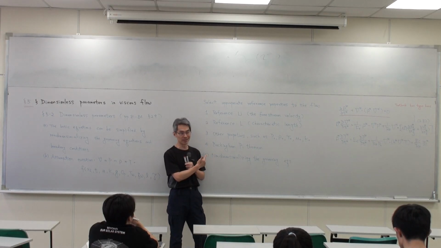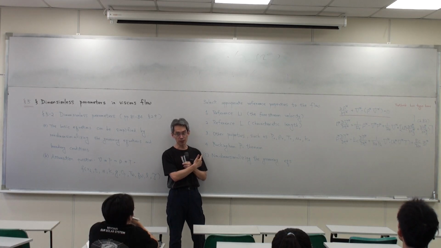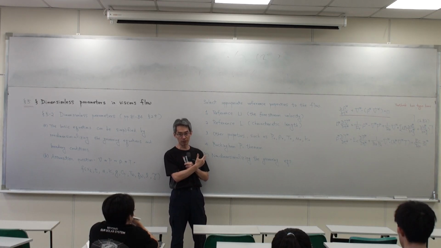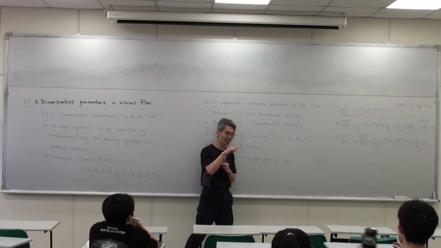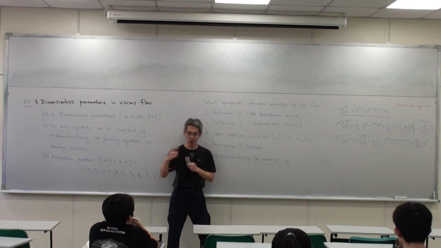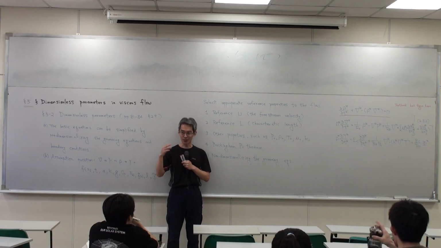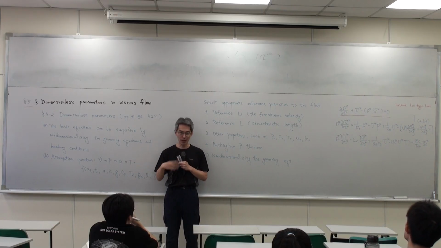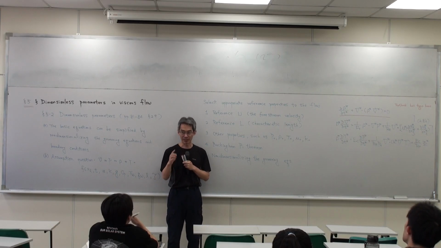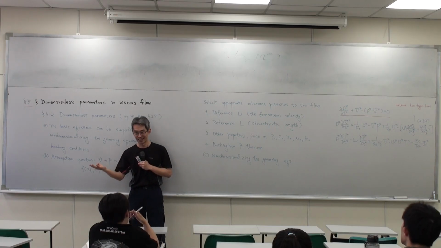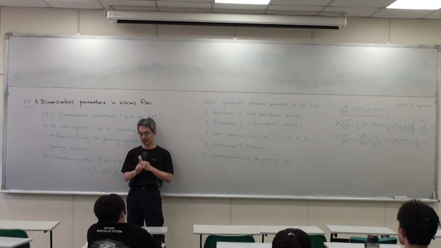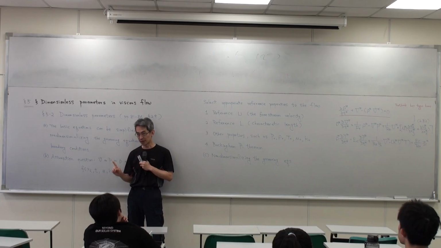Buckingham pi theory, right? Buckingham pi theory tells us if your physical parameters number 7 and your dimensions number 3, then you can reduce the physical parameters to 4.